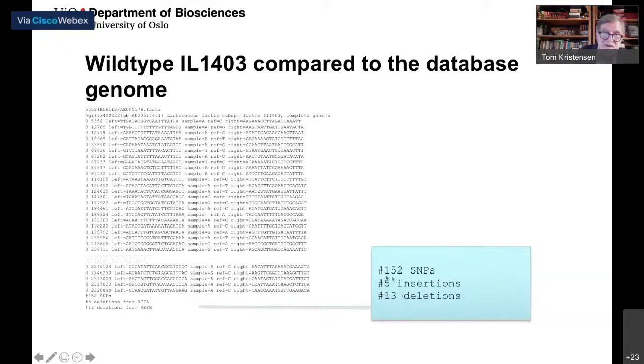So of these differences, I guess that almost all of them are not real differences between our wild-type genome and the reference wild-type genome, but errors in the sequencing of the database genome.